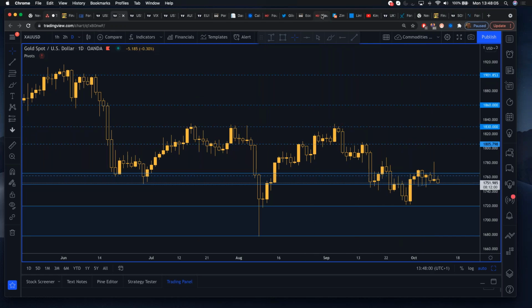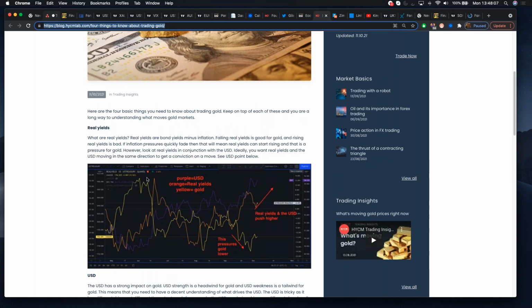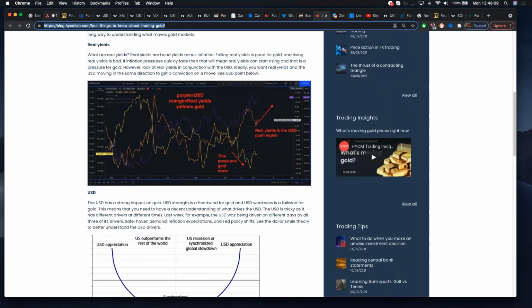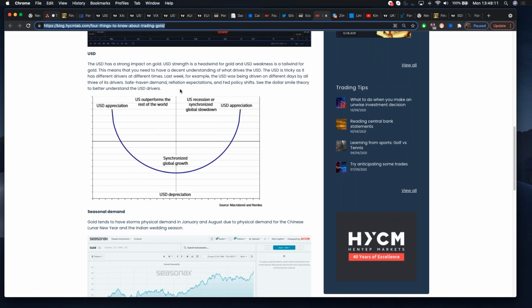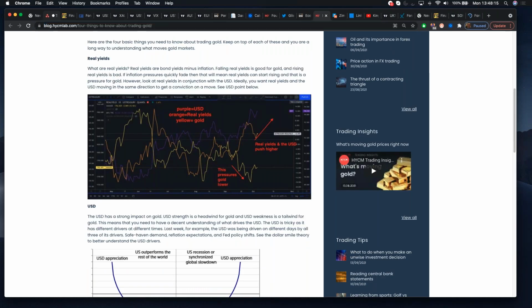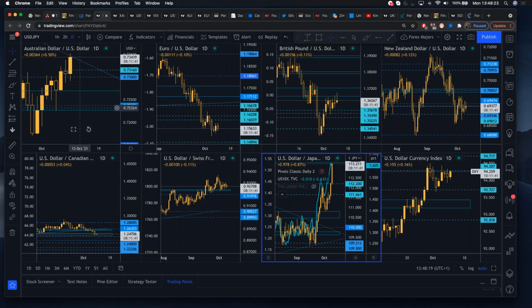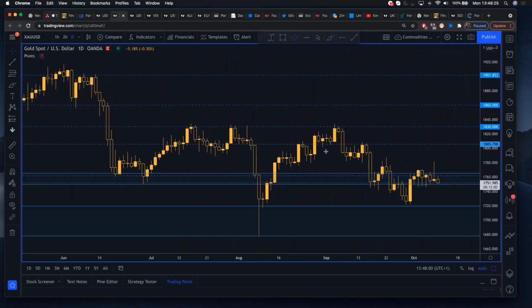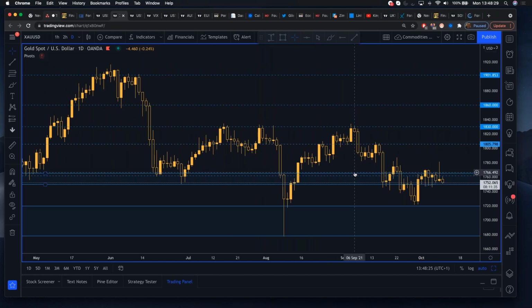So the best thing you can do is go away and look at real yields, look at the US dollar, understand how this impacts gold, and these are the two major drivers at the moment. So just keep your eye on the CPI data. If the CPI data is a big miss, so say it comes in much lower than expected, then we could see some sharp downside in gold.